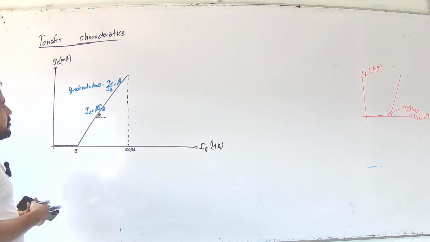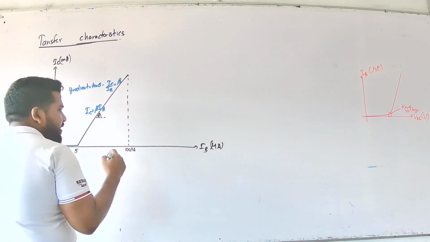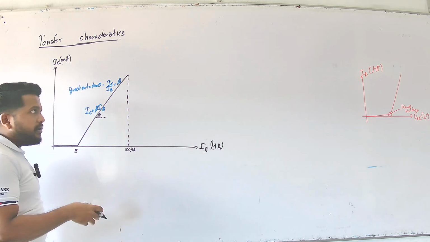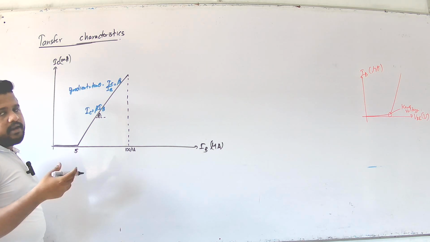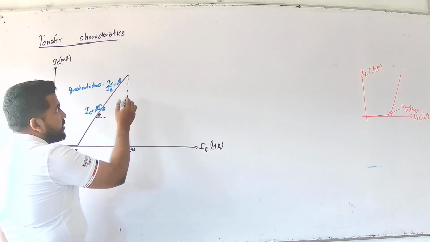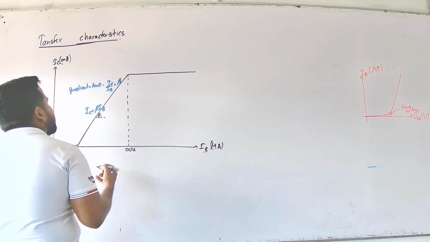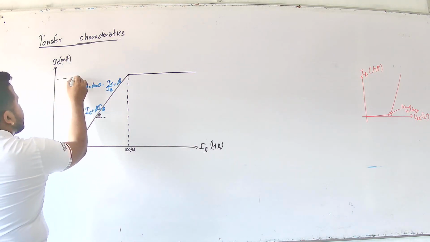Then after this, all the carriers are coming to the action, so there are no other charge carriers, this one gets saturated. So this is the saturated current.